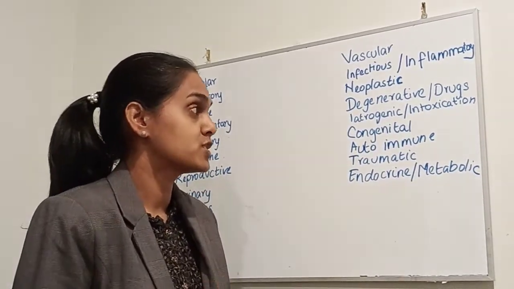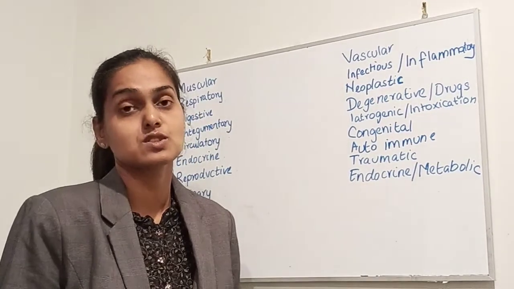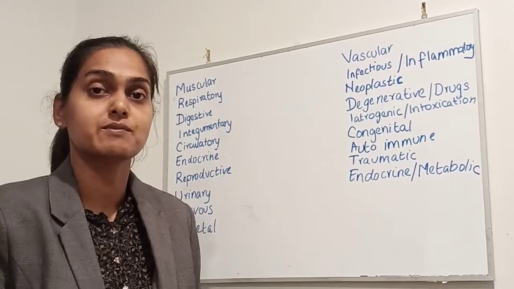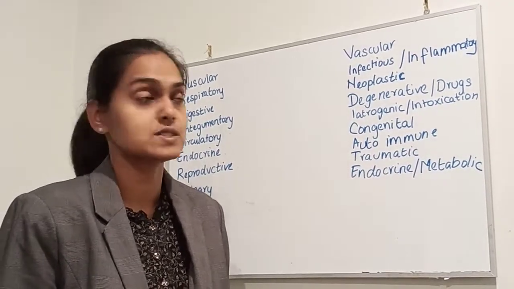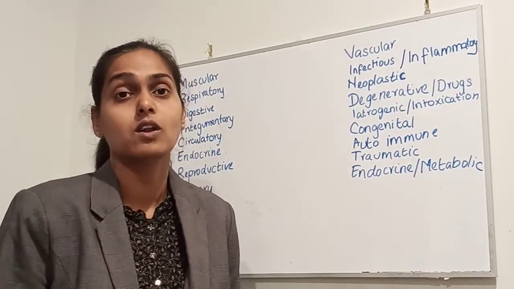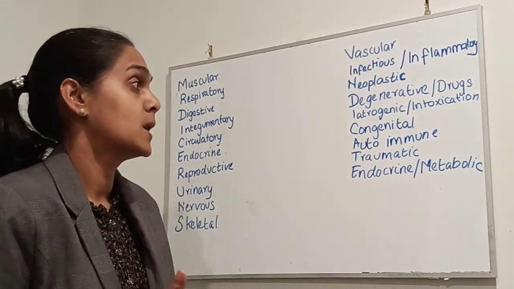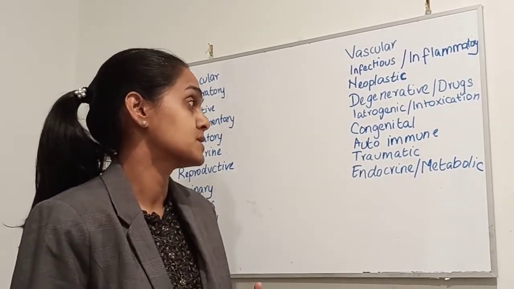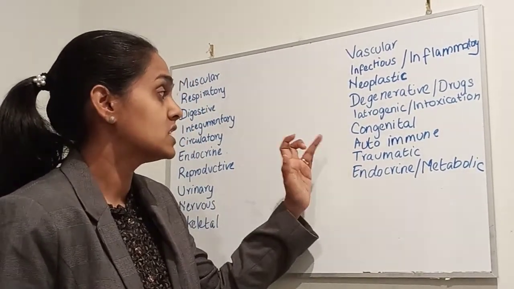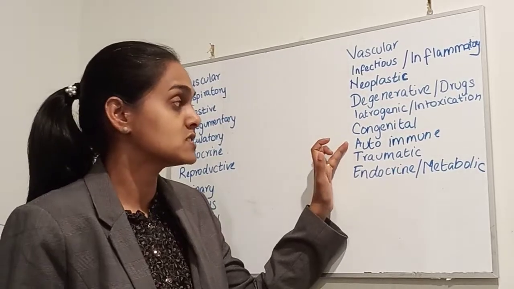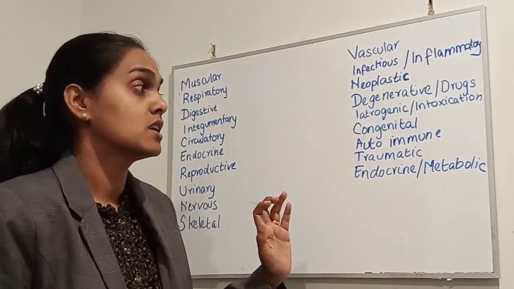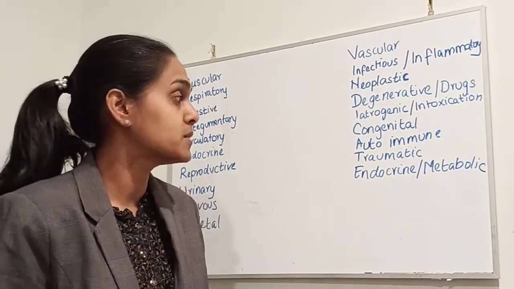I stands for iatrogenic and intoxication. So any invasive or non-invasive procedure that could be producing signs and symptoms in a patient, or intoxication of alcohol or recreational drugs that can produce symptoms. C stands for congenital, which is self-explanatory. A stands for autoimmune conditions, where you have your own cells fighting against your own tissue through mechanisms like molecular mimicry.